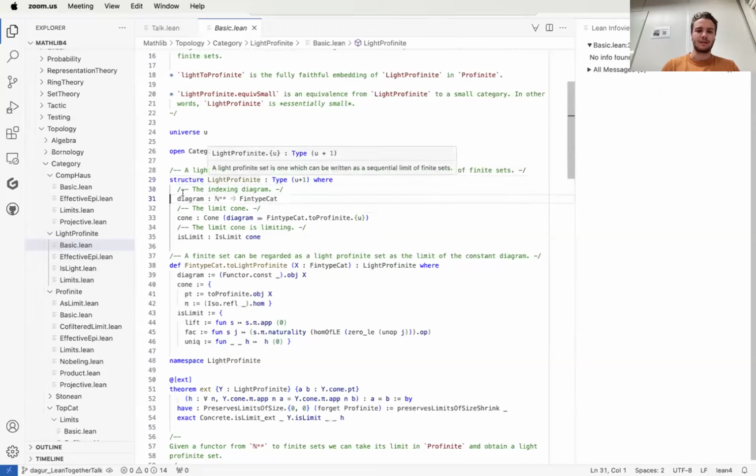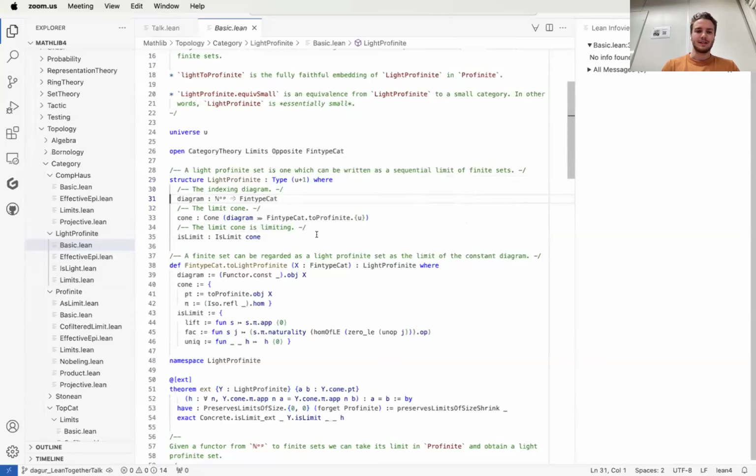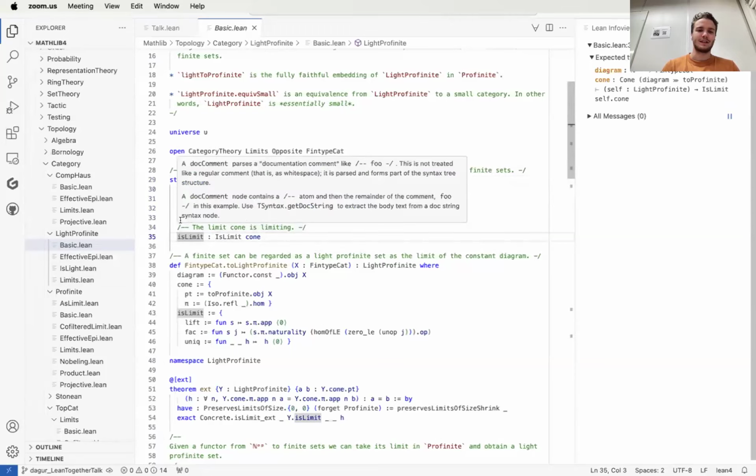We have a given diagram of finite sets, a sequential diagram, and a cone on it, which is a limit cone. So it's always enough to give the first and third field.